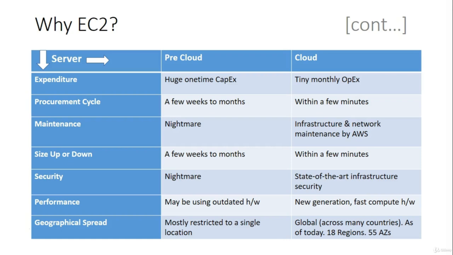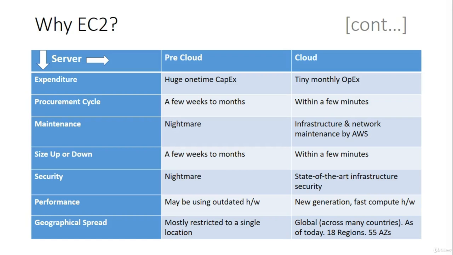It can be a monthly subscription, sometimes it can be yearly as well. Procurement cycle. In pre-cloud it took a few weeks to a few months. In cloud it's within a few minutes. Maintenance was a nightmare in pre-cloud. In cloud, infrastructure and network maintenance is taken care of by the cloud provider, in this case AWS.